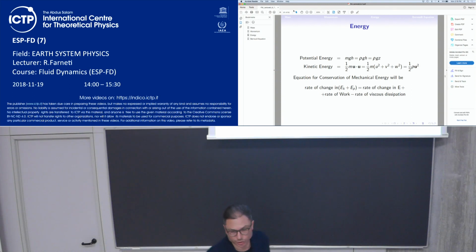Minus the rate of viscous dissipation. Okay, and that is always going to be negative because whenever there's viscous dissipation, you lose kinetic energy. Okay, so we're going to derive an equation that states what is the rate of change of total mechanical energy, and that is going to be equal to all the rate of works done on the element of fluid minus the viscous dissipation on the element.